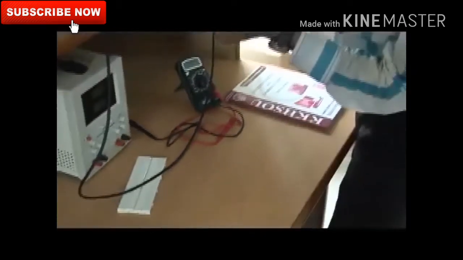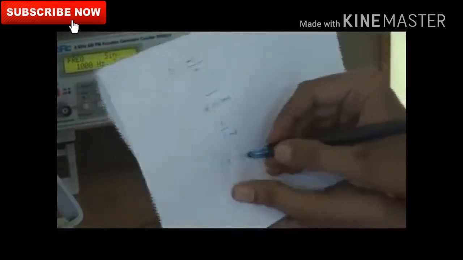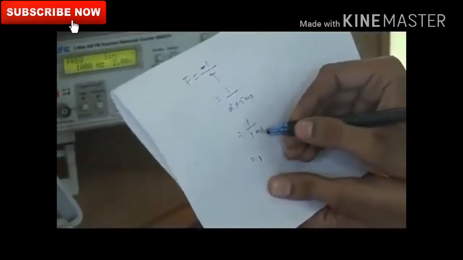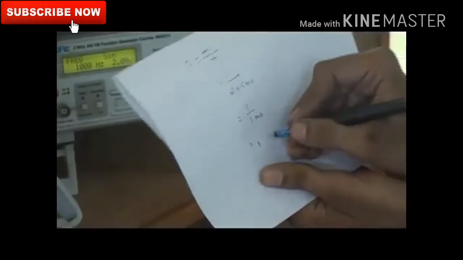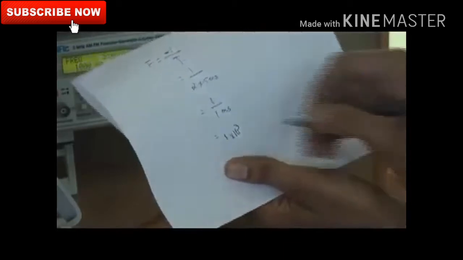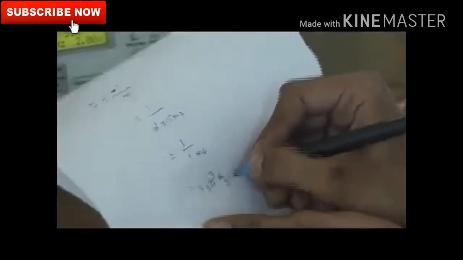And since the millisecond is 10 to the power minus 3, when it goes up it becomes 10 to the power 3. So 1 into 10 to the power 3. This is 1 by second, which we know is the unit of hertz. So it will become Hz.